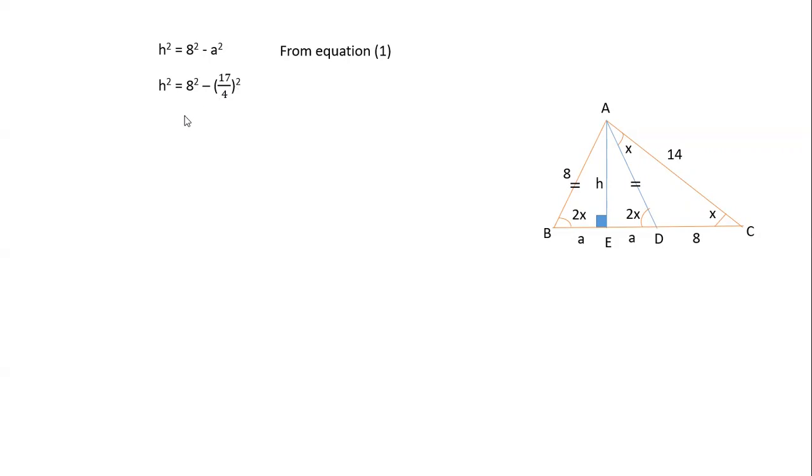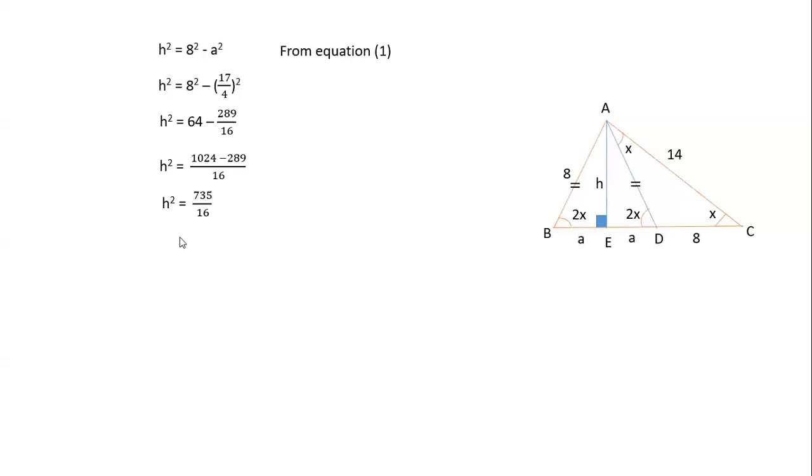Let's take the squares: 8 square is 64, 17 square is 289, and 4 square is 16. Let's take the LCM, it will be 16. So 16 into 64 is 1024, minus 289, upon 16. Subtract it, you'll get 735 upon 16. H square is 735 upon 16.